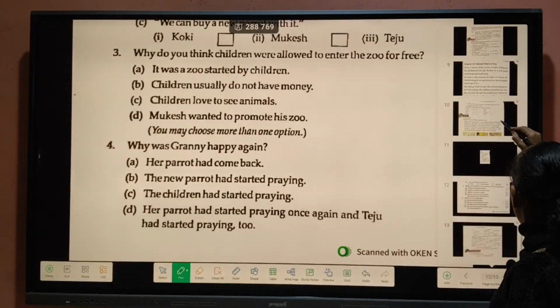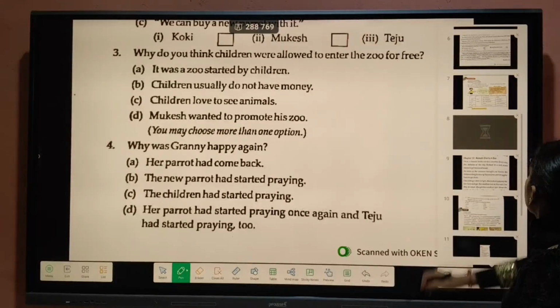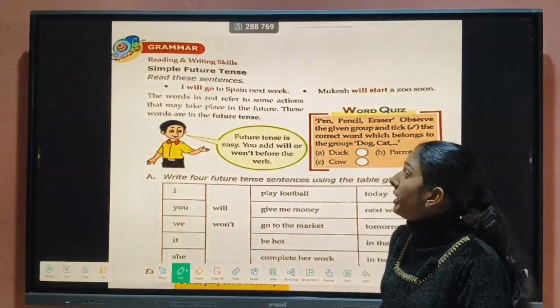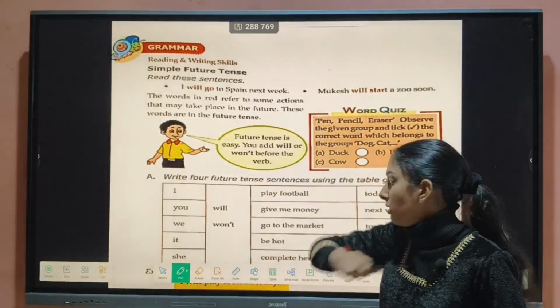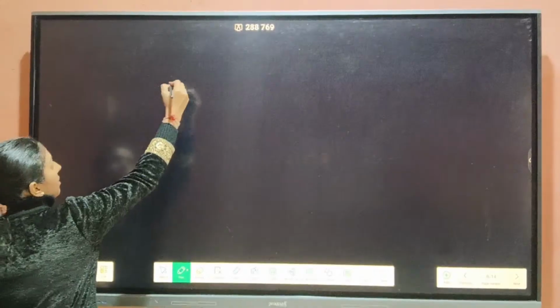Now let us move to the next part. In the grammar section, beta, we are going to learn about simple future tense. As we all know, there are 3 tenses.